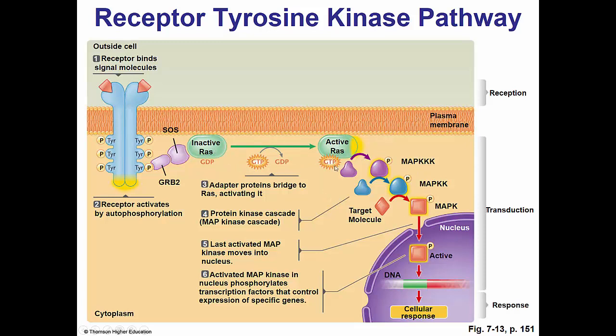RAS then activates the major source of amplification in this pathway, which is a MAP kinase cascade. And then finally, the last MAP kinase enters the nucleus where it works with and activates other transcription factors to promote changes in gene expression that drive cell division.